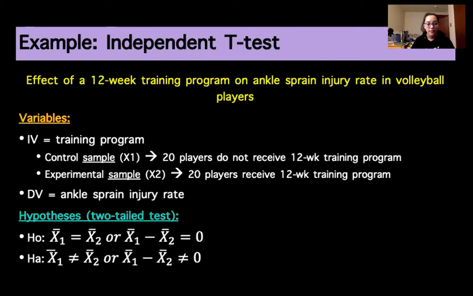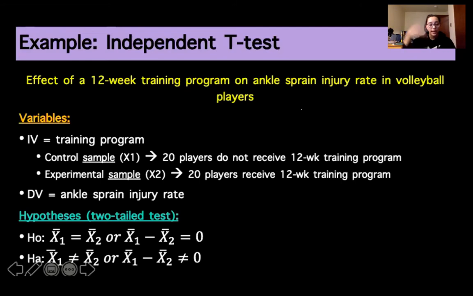So our hypotheses would be very similar to what we saw for the one sample t-test. The null hypothesis says that the mean ankle sprain injury rate is the same for both groups, regardless of the training program. The research hypothesis argues the exact opposite, saying that the training program is going to have some effect on ankle sprain injury rate, or there's going to be some difference in the injury rate.